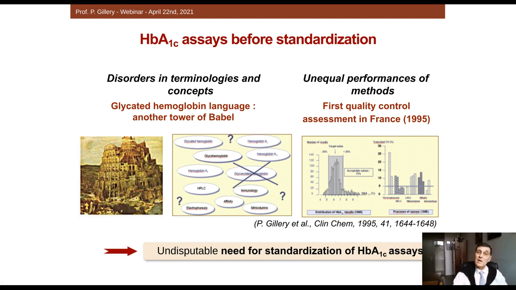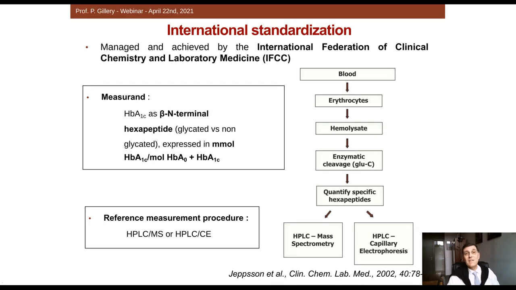Thus, there was at that time an indisputable need for standardization of HbA1c assays. This standardization was internationally managed and achieved by the International Federation of Clinical Chemistry and Laboratory Medicine, or IFCC.